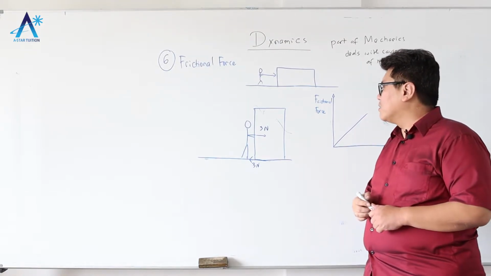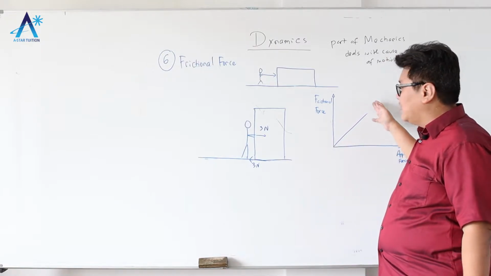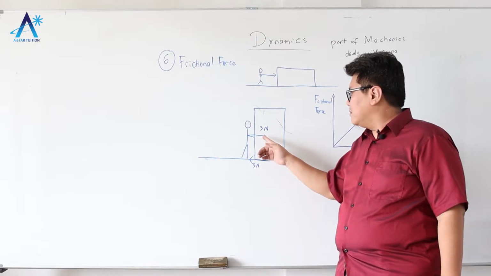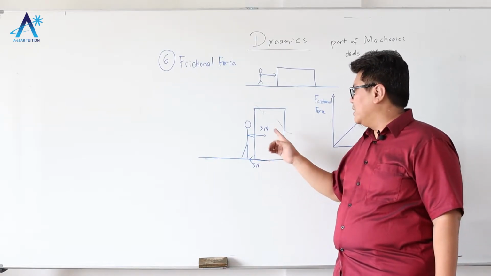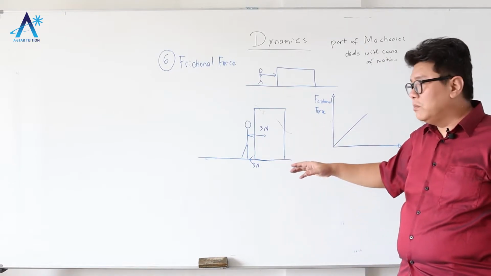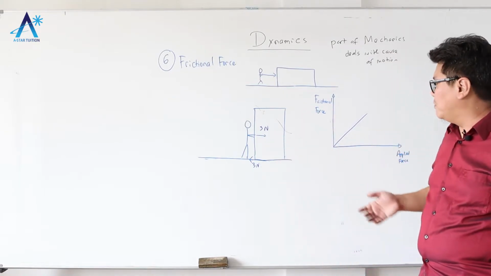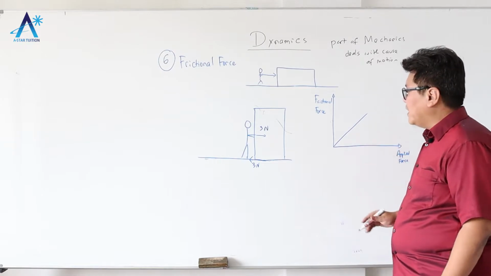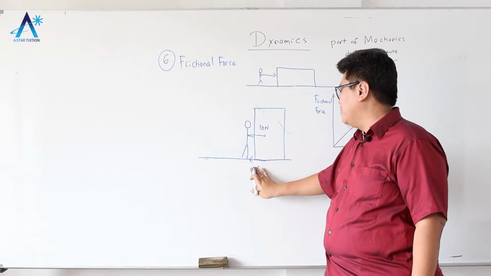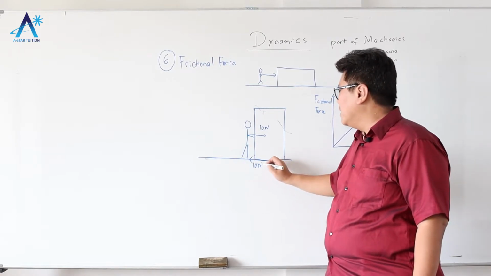However, this is not going to be like this forever, because if there is enough force that you apply to the refrigerator, then the refrigerator will start to move. Let's say that you increase to 10, still not moving, so that means the frictional force is now 10.